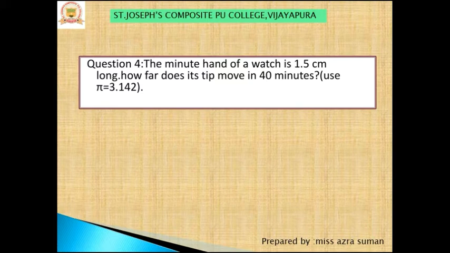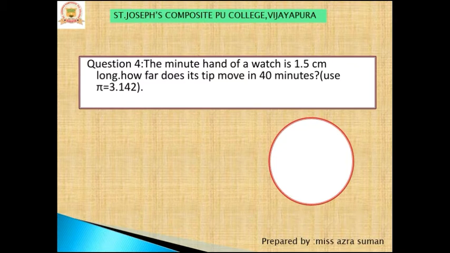Students, you know in a watch there will be two hands. The longer hand shows the minutes and the shorter hand shows the hour. So this is the watch, and in that there will be a minute hand whose length is 1.5 centimeter and it is moving.